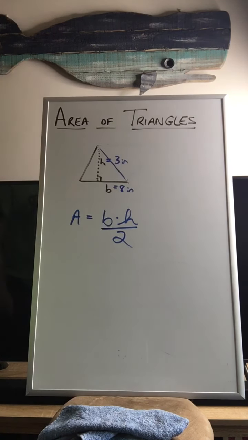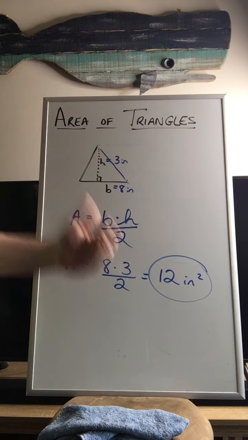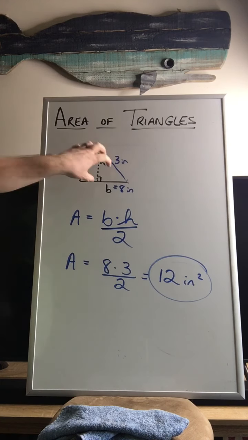So when you're finding the area of the triangle, you need the base, you need the height, you multiply them together, but then there's just one more step than there was for parallelograms, that we have to divide that amount by 2. Because a triangle would be half the area of a parallelogram with the same base and height. Okay? So that's all there is to it.